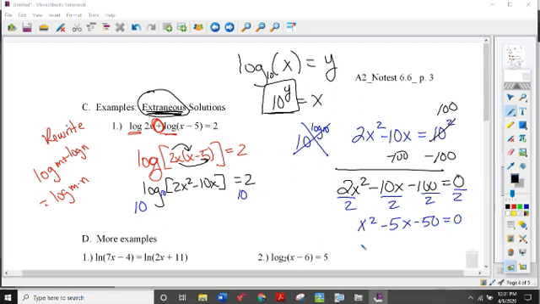Now I need to ask myself, what are the two factors of 50 that when I add them will give me a negative 5? So x times x is x squared, and the factors of 50, that would be 1 and 50, 2 and 25, 10 and 5, and I see, oh yeah, minus 10 plus 5. Double check.